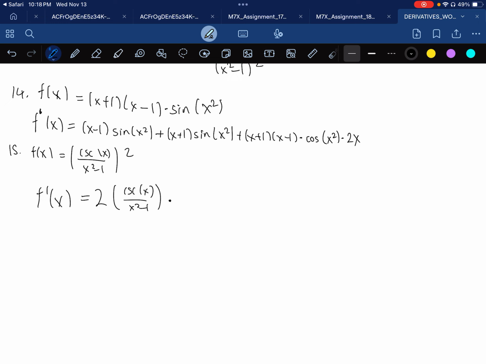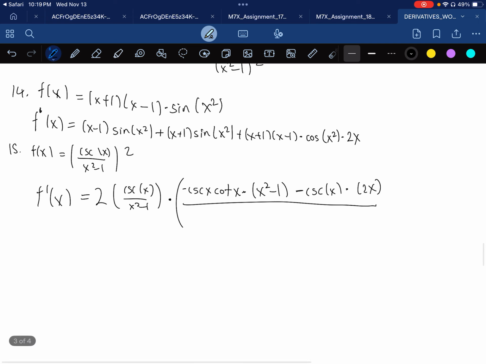But don't forget, since our inside is not x, we have to multiply by its derivative. And the derivative of the inside function is a quotient, so we're going to use quotient rule. The derivative of cosecant of x is negative cosecant cotangent, multiplied by the denominator, subtract by the numerator multiplied by the derivative of the denominator, 2x, and all of that divided by the denominator squared.